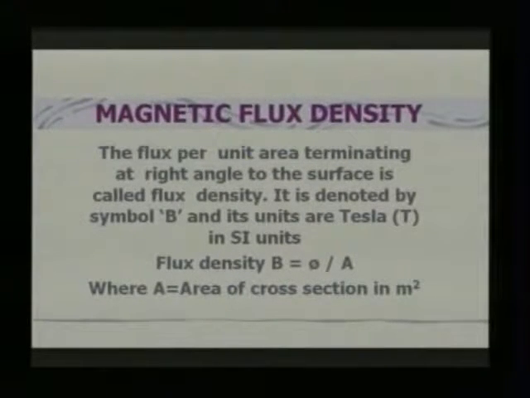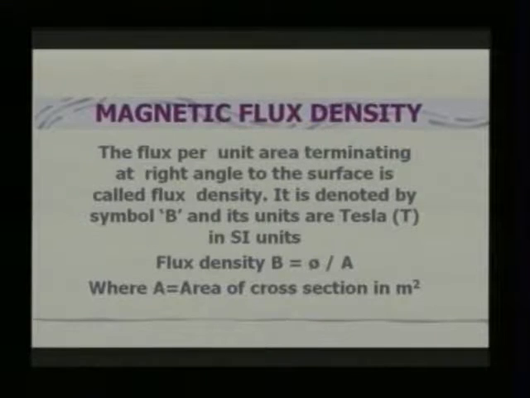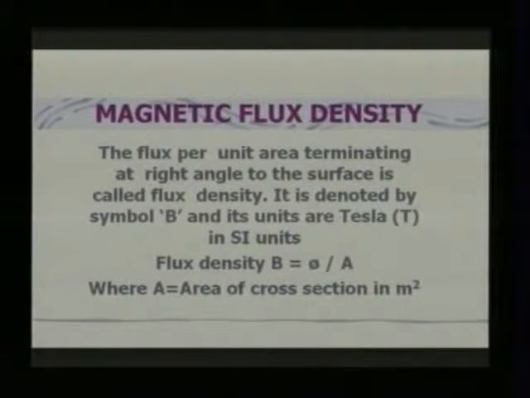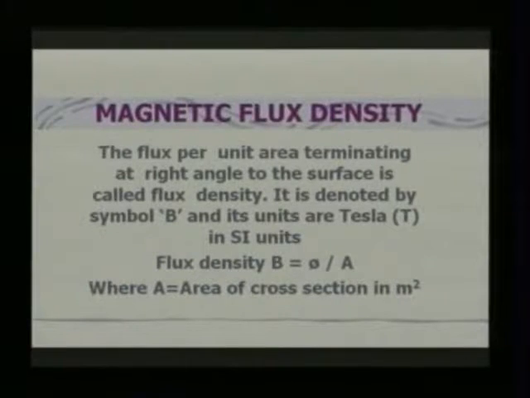The definition of magnetic flux density: the flux per unit area at right angles to the surface is called flux density. It is denoted by the symbol B and its unit is Tesla, indicated by T, in SI units.